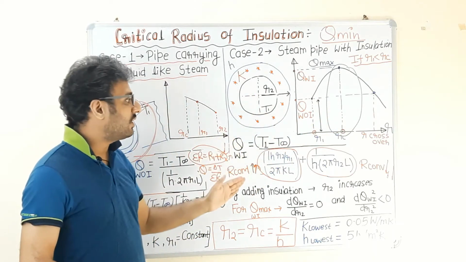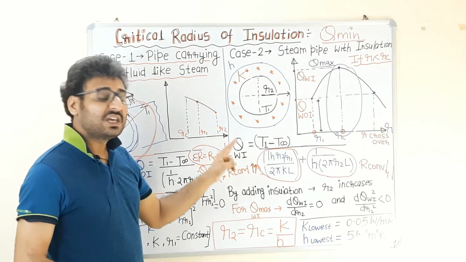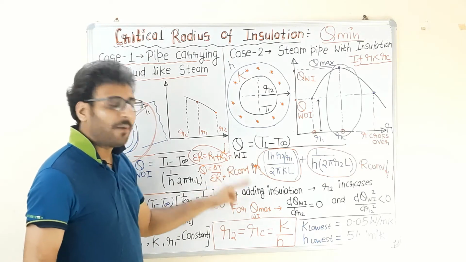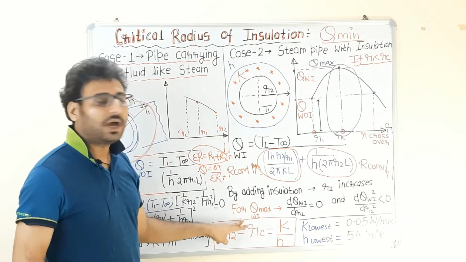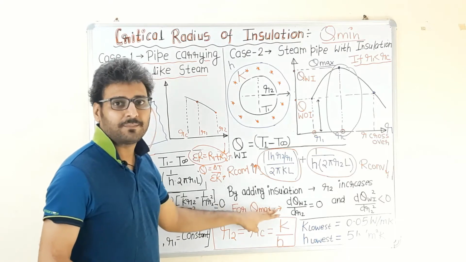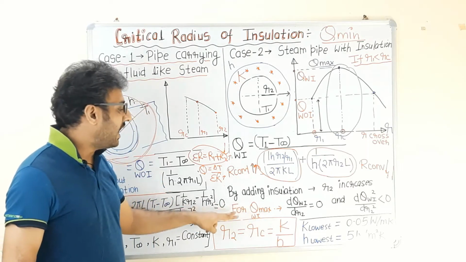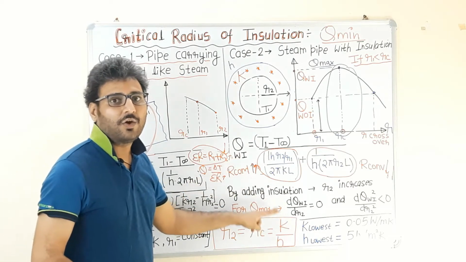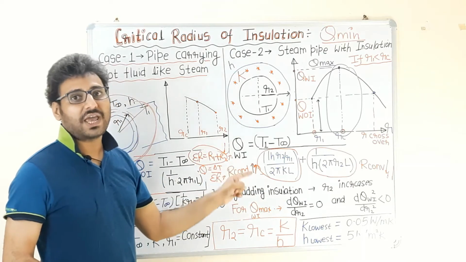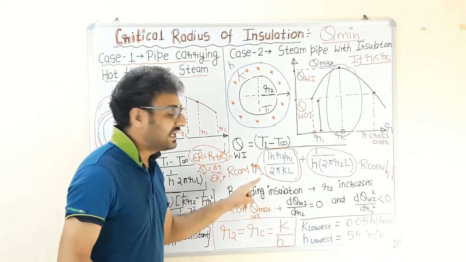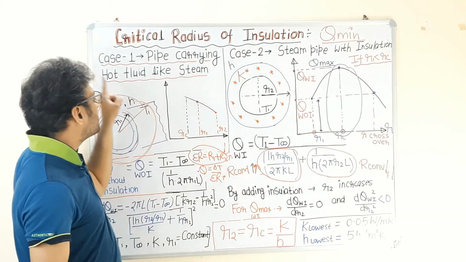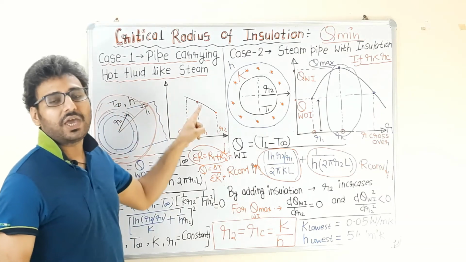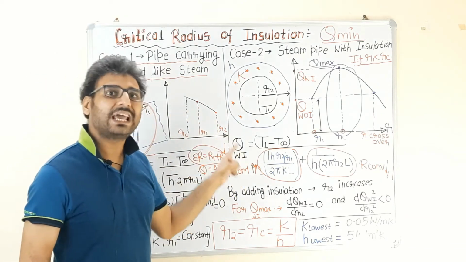We need to stay away from the condition where heat transfer rate is maximum. So we are going to determine a disastrous condition from which we need to stay away while designing our system where we are going to provide insulation.